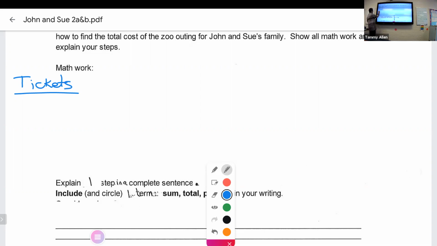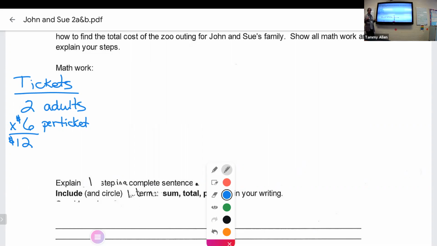Two what? Adults. Times 6. What's that 6? Per ticket. Gives us what? $12. Anything else in the ticket realm?